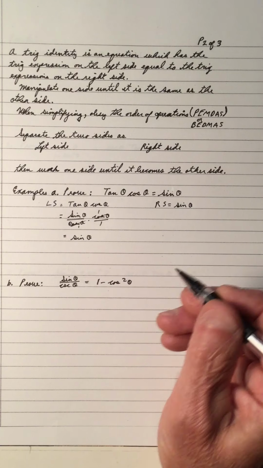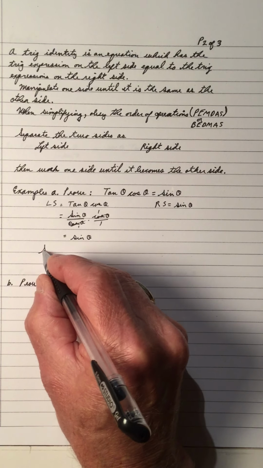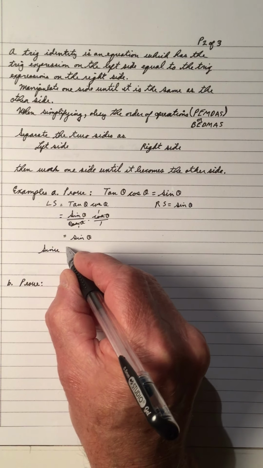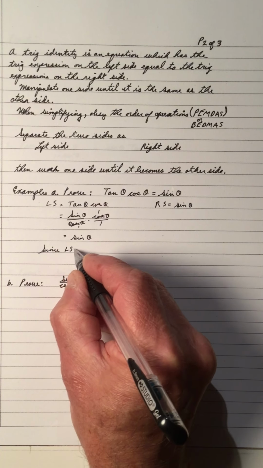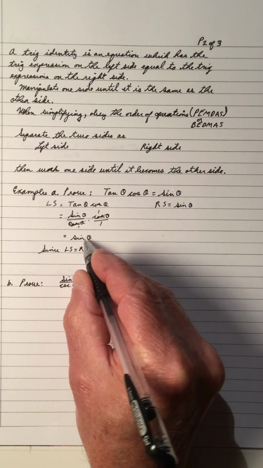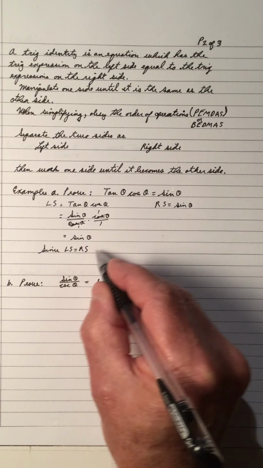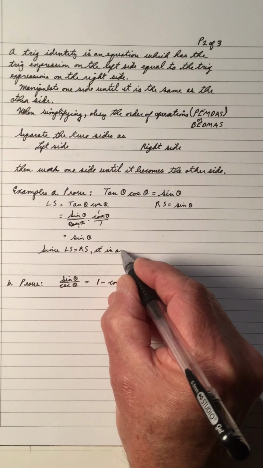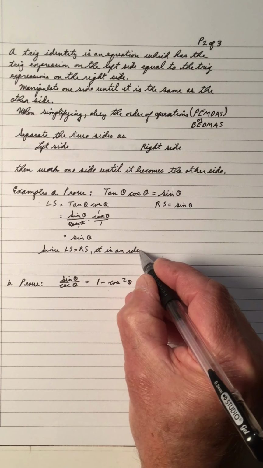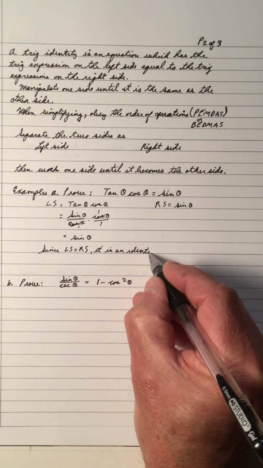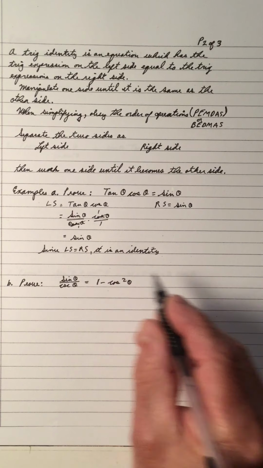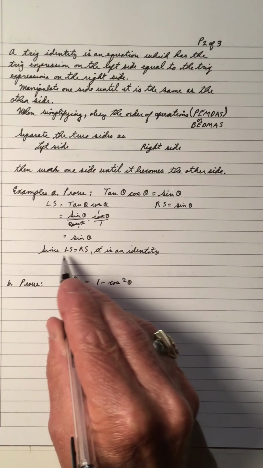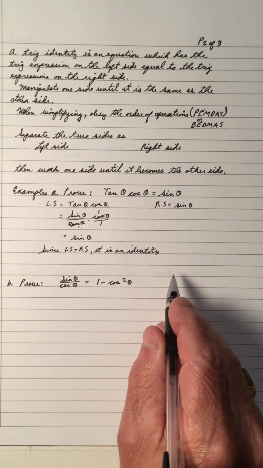And probably you might have to make a statement: since the left side equals the right side, it is an identity. Again, check with your teacher if you have to make this statement.